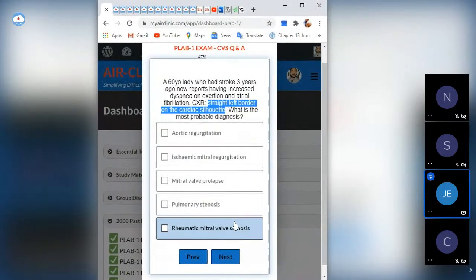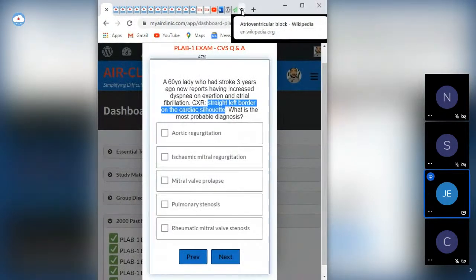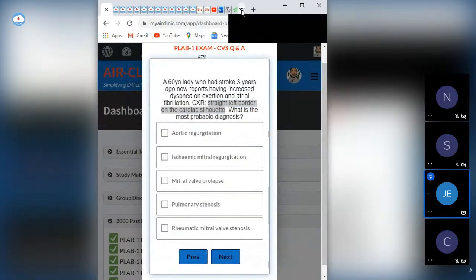All of you have chosen different things. And of course, it's not pulmonary. We're not even talking about the pulmonary side. We're talking about the left side of the heart. So to me, what causes the left atrial enlargement is mitral stenosis.